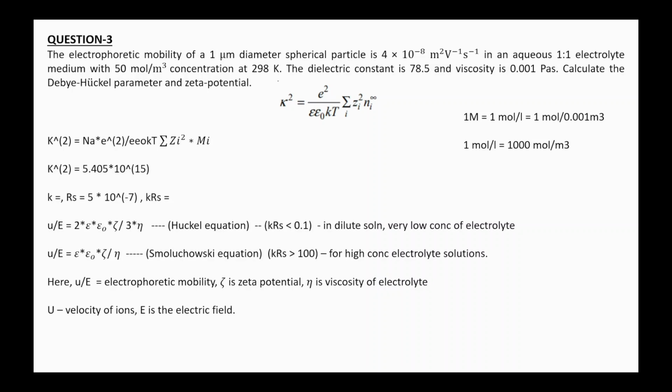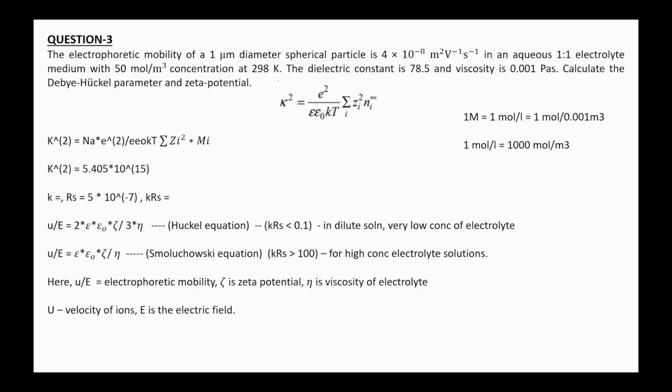The dielectric constant of the medium is 78.5 and viscosity is 0.001 Pascal second. We are asked to calculate the Debye parameter and the zeta potential.